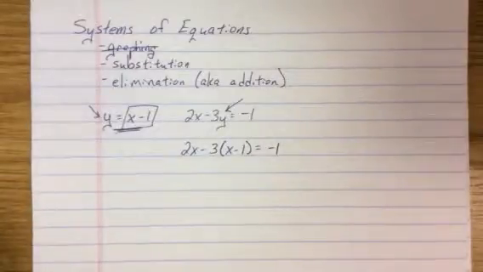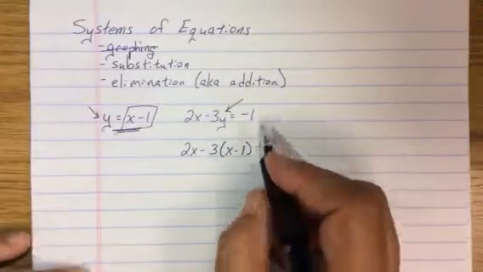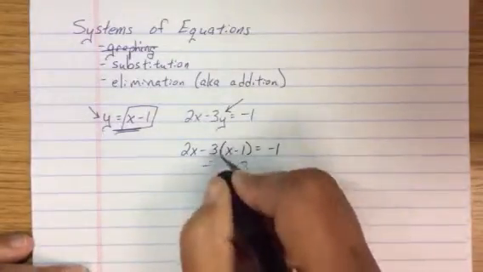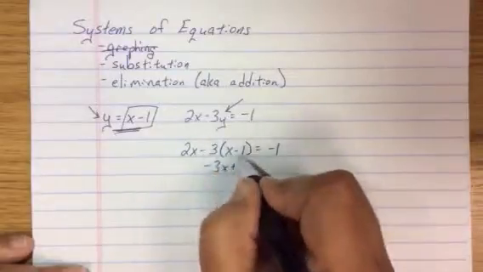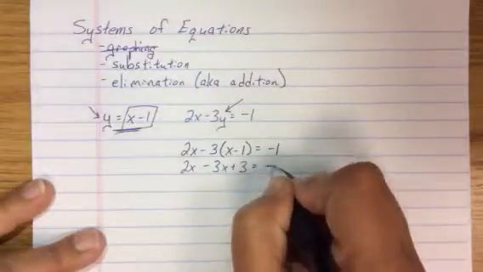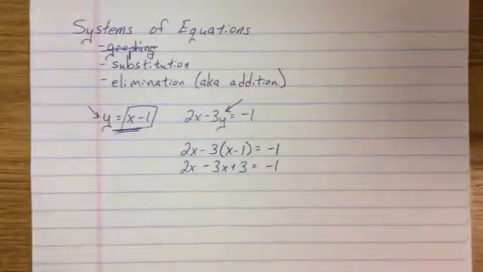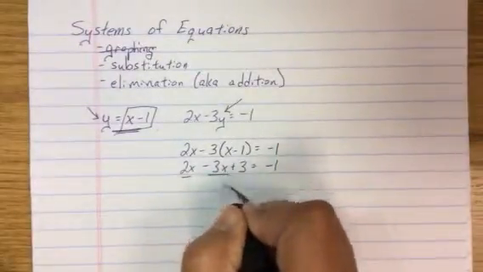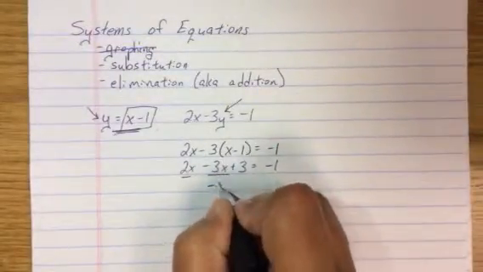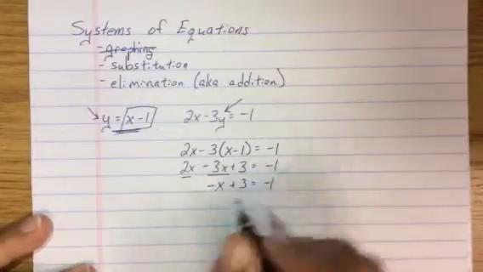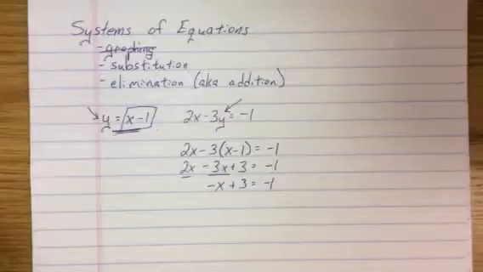At this point, I have a basic linear equation where I do my distribution. Remember, it's negative 3 times x and negative 3 times negative 1. Negative times a negative is a positive. Do I have to combine like terms? I sure do. 2 minus 3 gives me a negative x, or negative 1x. Do I have to combine variables?